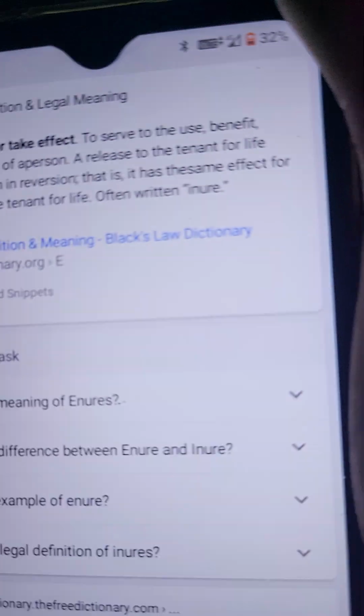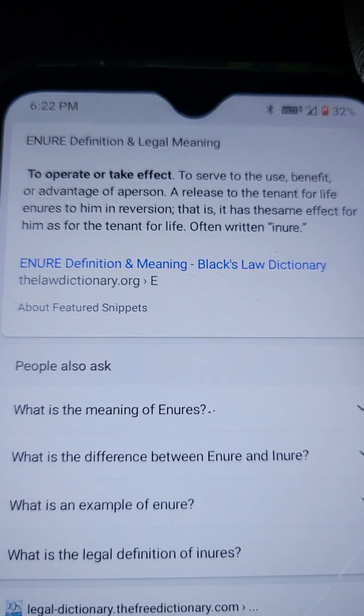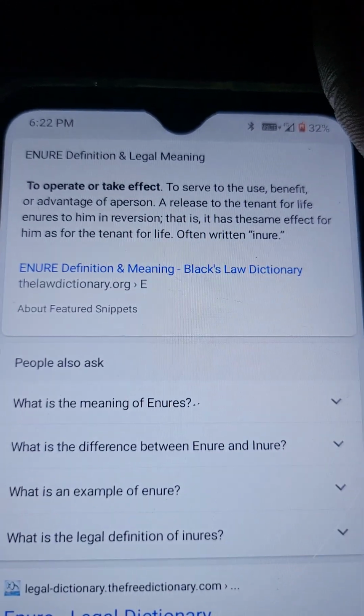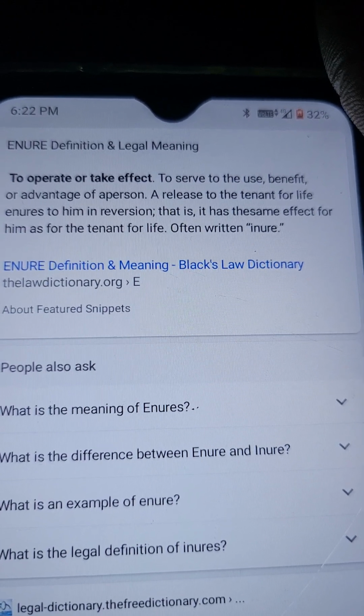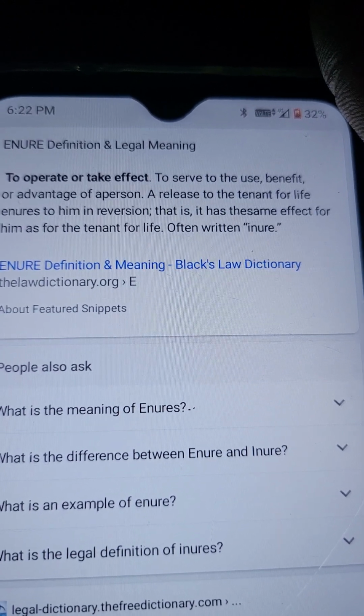And we gotta look up that word, inures. It says: inure, to operate or take effect, to serve to the use, benefit, or advantage of a person.